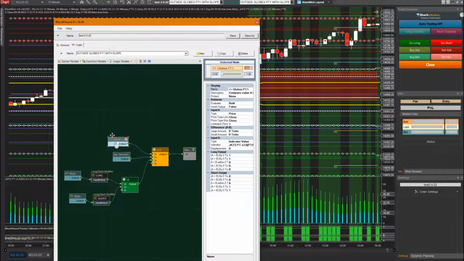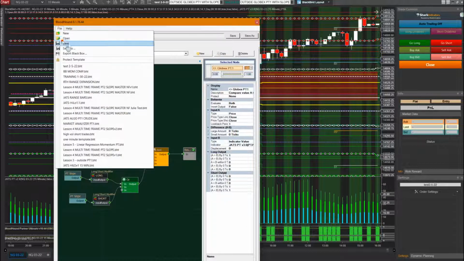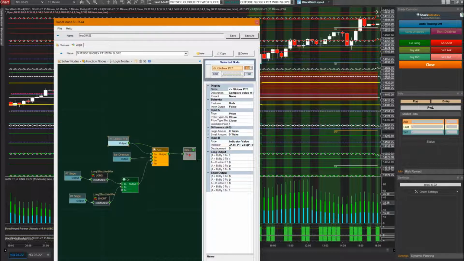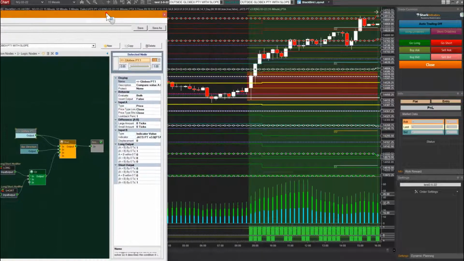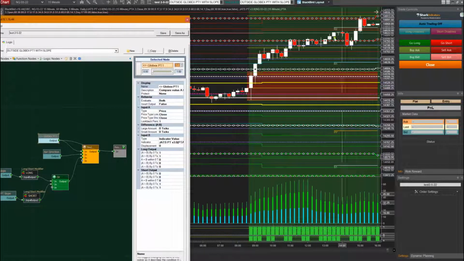So we are requiring the trade to be above or below the Globex PT1. Let me show you what that looks like. Anything above the Globex PT1, you'll get a permissive signal.